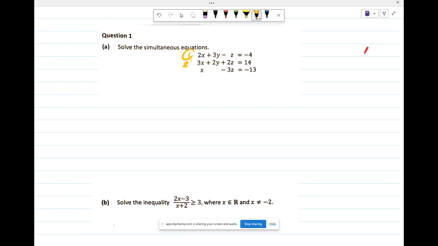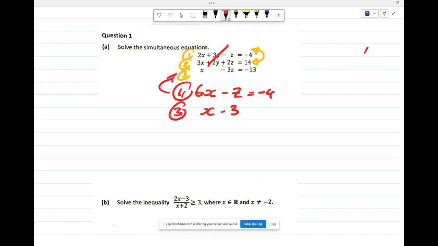So if we number them 1, 2, and 3, I would definitely do 1 and 2 first, because say we got rid of the y's, then we're going to have an equation 4 with, say, 6x and minus z is equal to minus 4, whatever it is, and then we can just add that straight away to equation 3: x minus 3z is equal to minus 13.